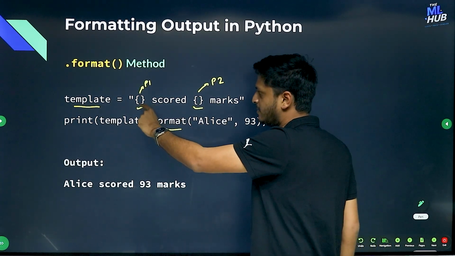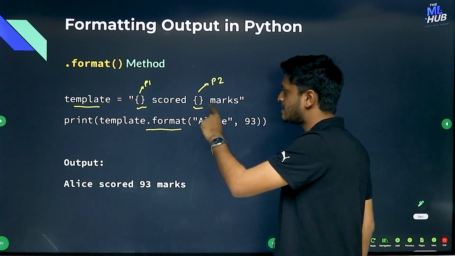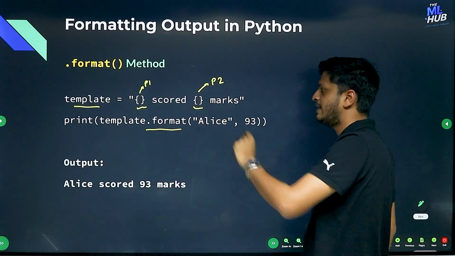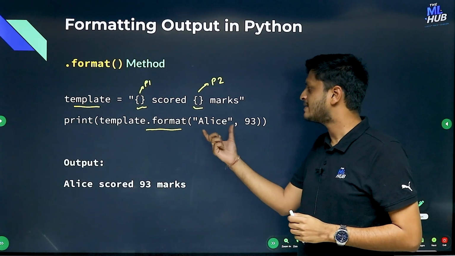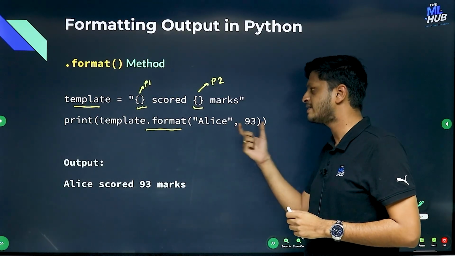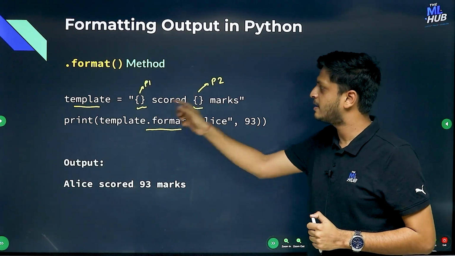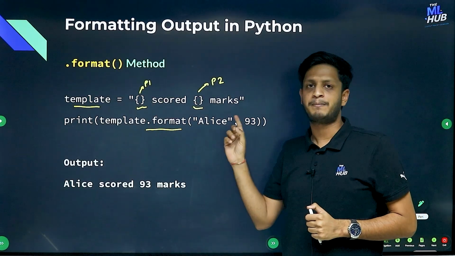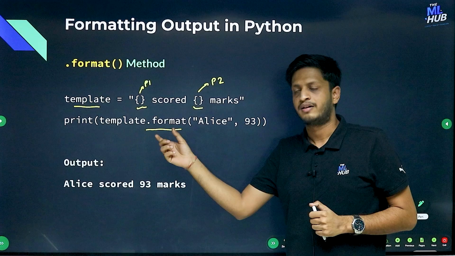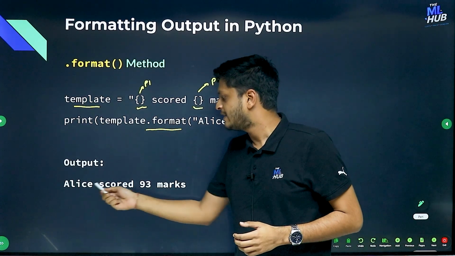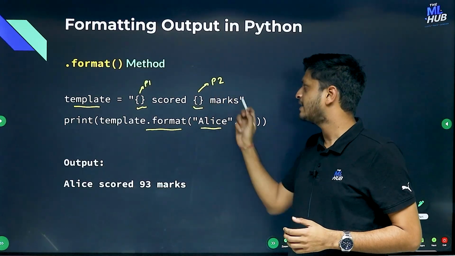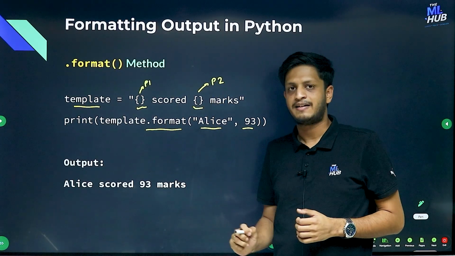So the first curly bracket will be replaced with Alice and the second placeholder will be replaced with 93. Remember that you need to pass exactly the same number of arguments inside the format function as the number of curly brackets you have inside the string. So the output will be Alice scored 93 marks, because the first placeholder was replaced with Alice and the second placeholder was replaced with 93.